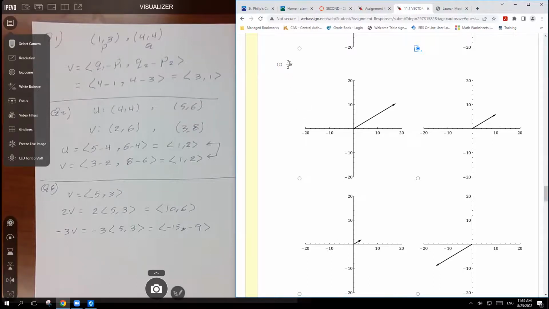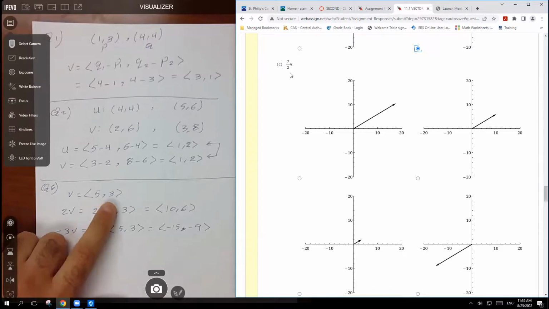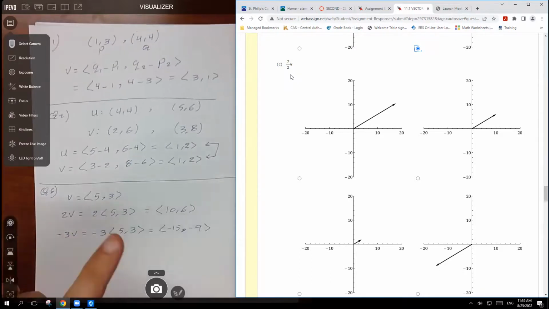So now 3.5, you're going to multiply by 5, and 3.5, you're going to multiply by 3. So do you think the vector is going to stretch or shrink? Stretch. It's going to stretch.